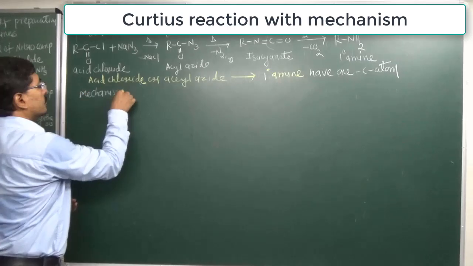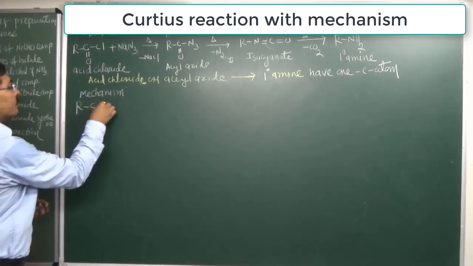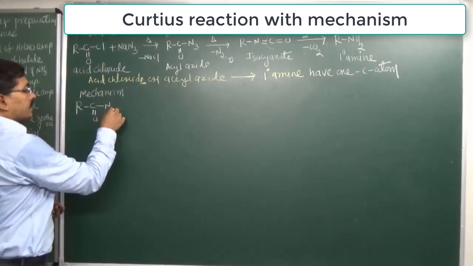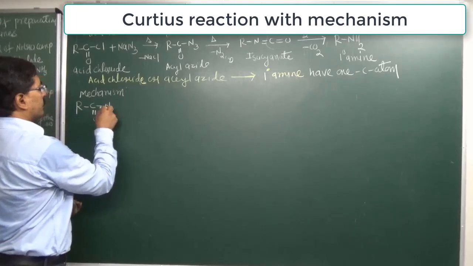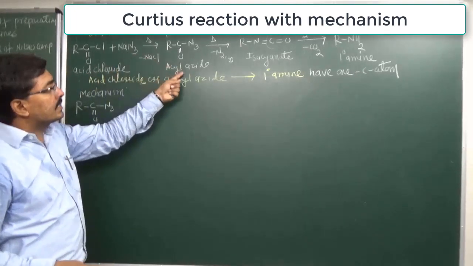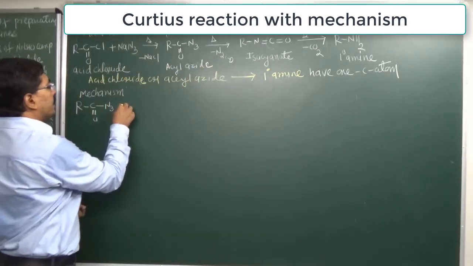Now, in the very first step, when acyl chloride is allowed to react with sodium azide, then we get acyl azide. Now whatever acyl azide is obtained has a resonating structure.